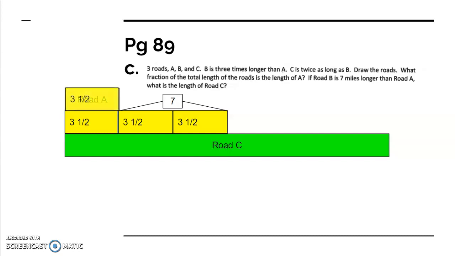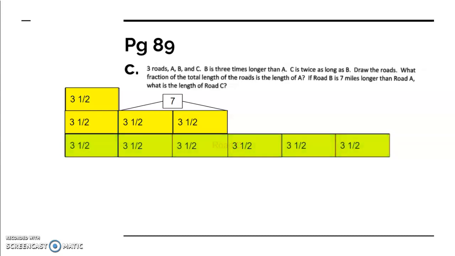So road A is also 3.5, and that means road C is 6 separate pieces, all 3.5. So I'm going to focus on the length of road C: 1, 2, 3, 4, 5, 6.